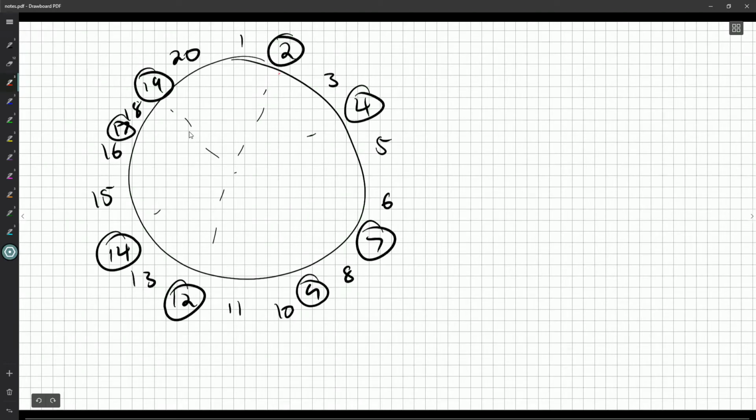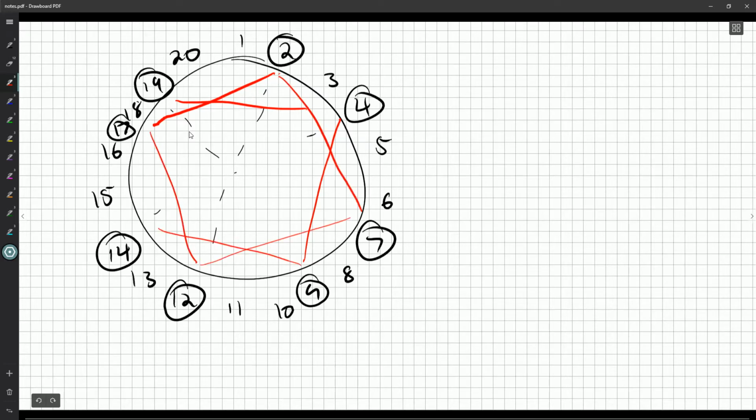So 2 will go all the way to 17. Going 15 around is sort of like going 5 backwards. 4 will go to 19. 9 would go to 20 with 11 moves, and then 1, 2, 3, 4 makes 15 moves. So it does work, but the 2 sort of has nothing to do with the 4.